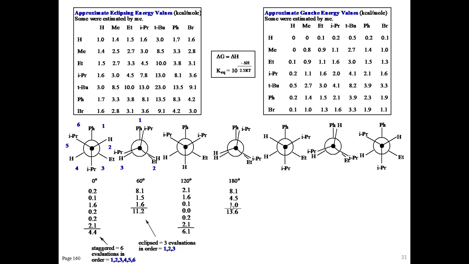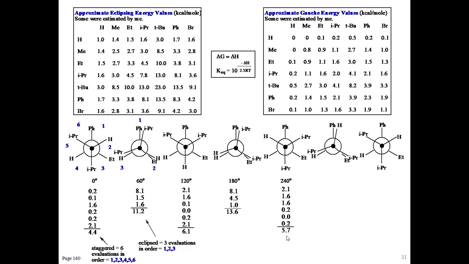Okay, and then if I rotate to staggered again, I have a gauche interaction here, phenyl isopropyl, which we said is 2.1, and then isopropyl ethyl, that's 1.6, and then isopropyl ethyl, 1.6, isopropyl H, 0.2, HH we said was 0, and then H phenyl, we said that's 0.2.